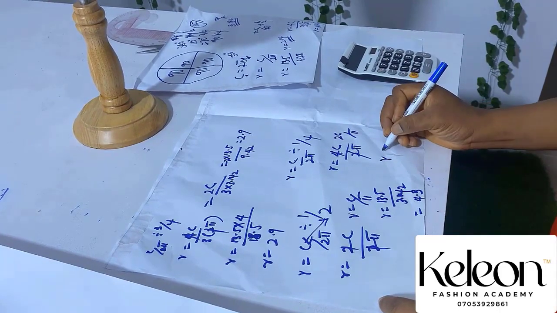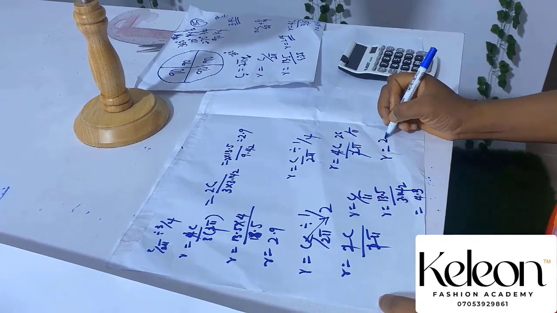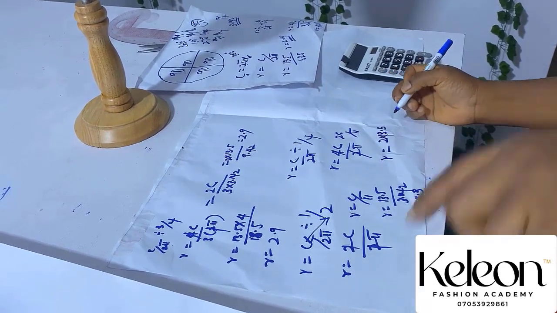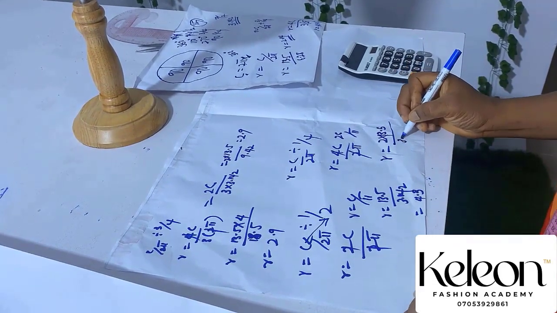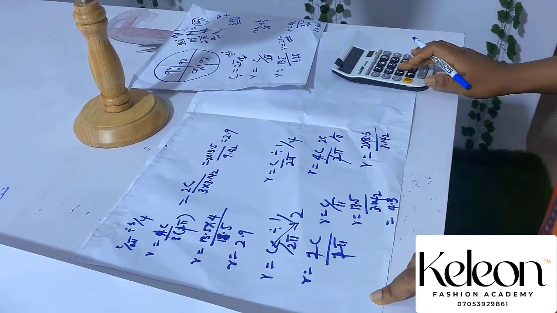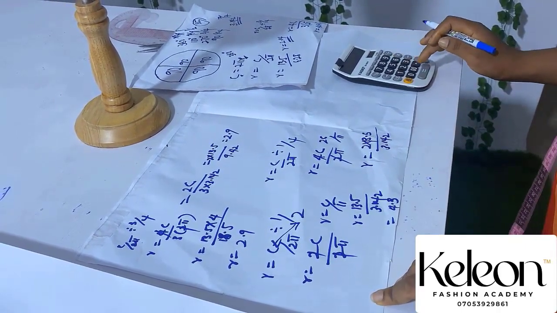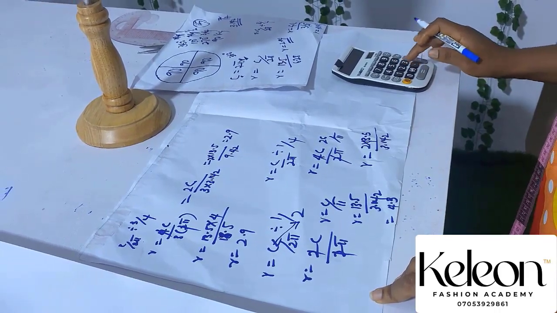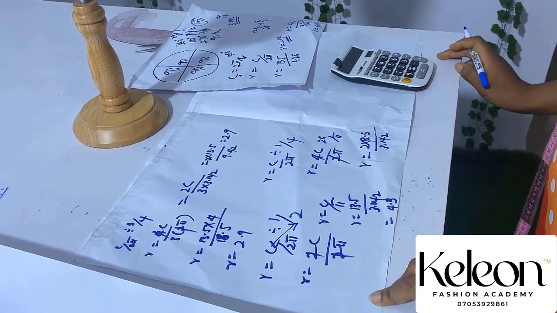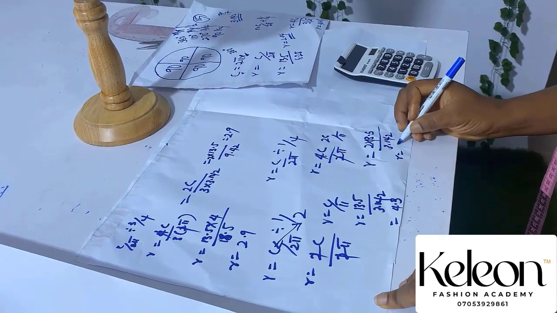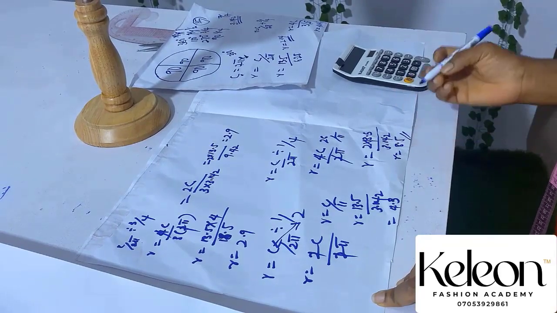So R equal to 2 times 13.5 over 3.142. So when we do this, we have 2 times 13.5 divided by 3.142, and we have 8.5. R equal to 8.5.